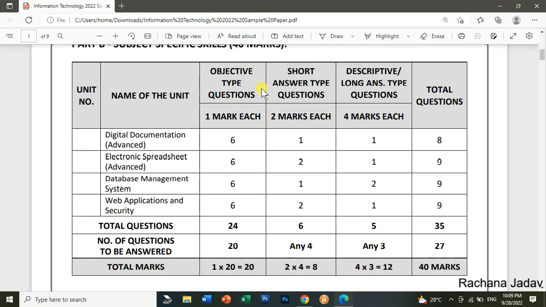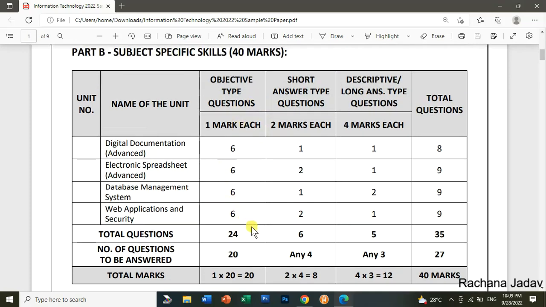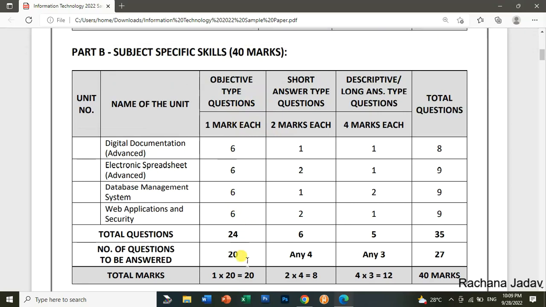अब आप देखोगे तो ऑब्जेक्टिव टाइप में, in that you can see 24 questions are there. From that you have to attempt only 20. See, your 4 आपको ऑप्शन में निकल जाते हैं, आपके questions, right. Next is short answer type, in that 6 questions will be given, any 4 you have to attempt it. तो आप उसके skip कर सकते हो.